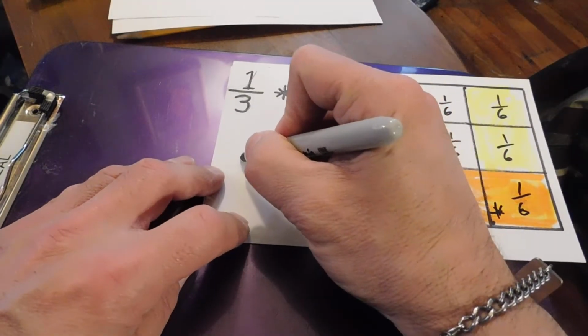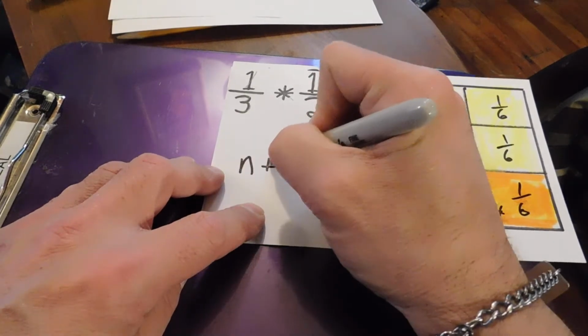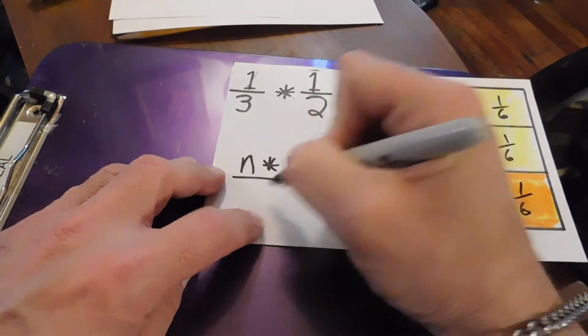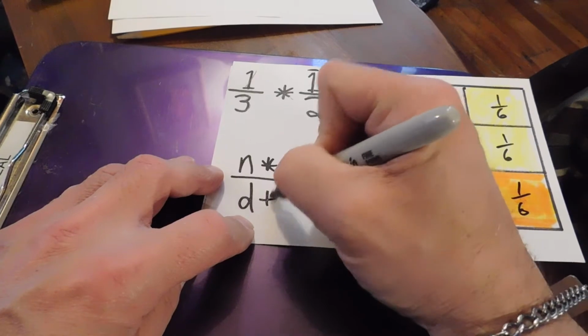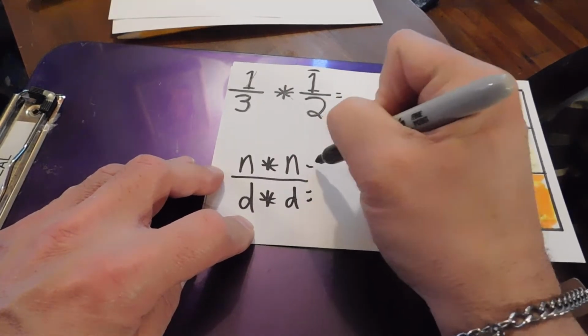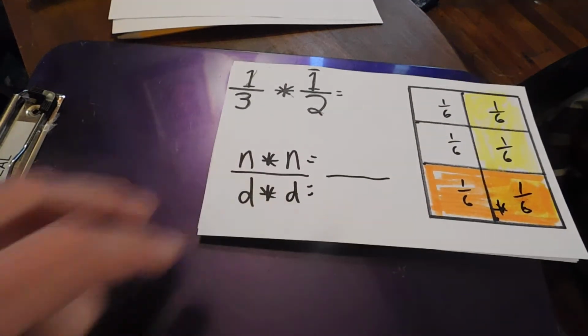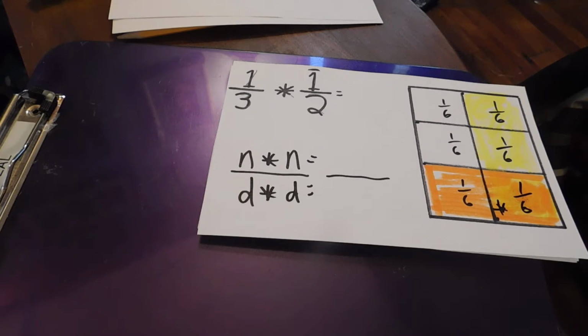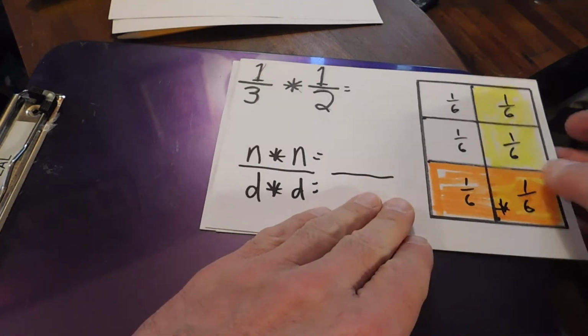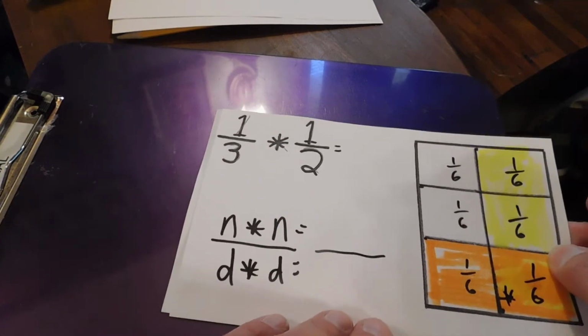But in terms of actually multiplying a fraction times a fraction, you simply multiply your numerator times your numerator and your denominator times your denominator. You don't need to find a common denominator. That only applies to addition and subtraction.